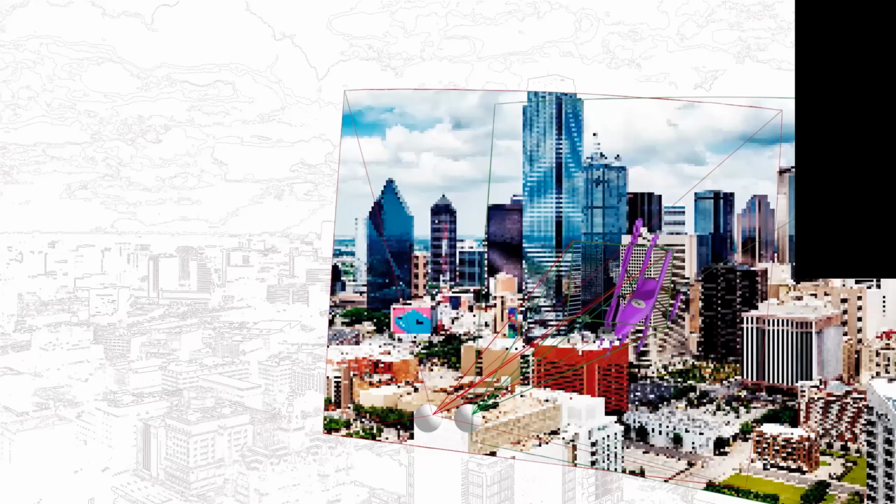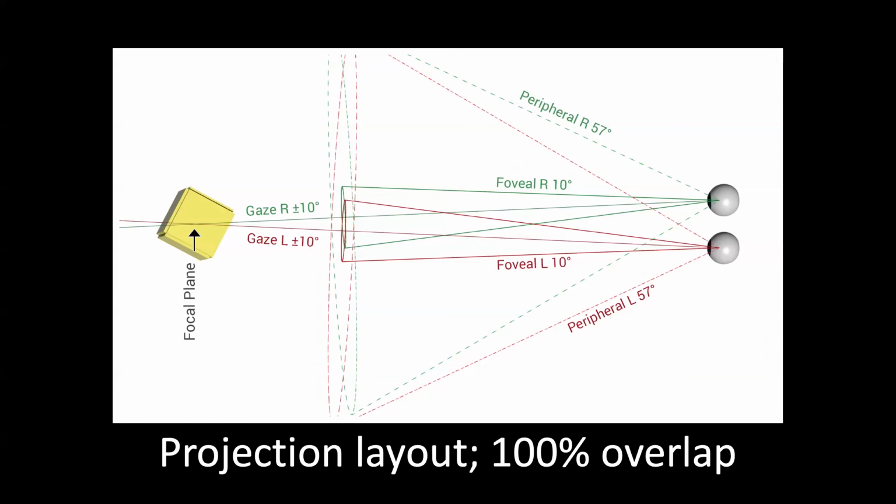Okay, let's go back to this. Now just to recap this part, what you see is that this is the foveal part, this is the peripheral part. Let's say this is 100% overlap, and then according to the focal plane, it will be moving and changing its overlap, because if the object is here, obviously we will need to overlap these fields somewhere here.